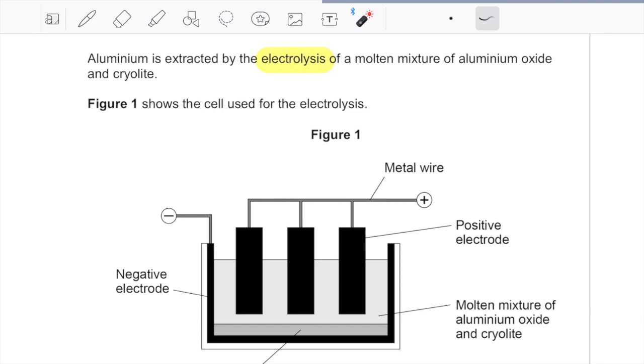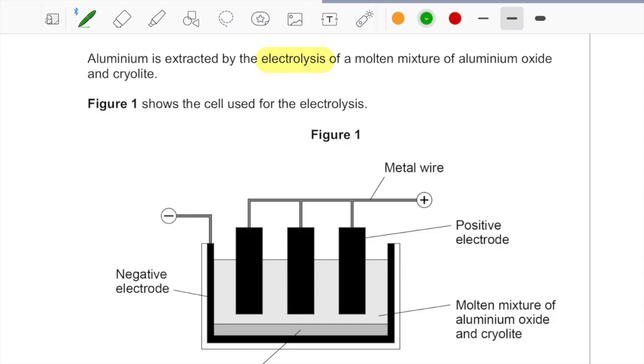If we look at the diagram, they have labeled it for us, but one of the things they haven't done, which is going to be relevant to one of the questions, is they haven't said what the actual electrodes are made of. So we can see we've got the negative electrode, and we can see we've got the positive electrode, and on the diagram both electrodes are the black parts of the diagram. So we've got one there, and we can see part of the negative electrode there.